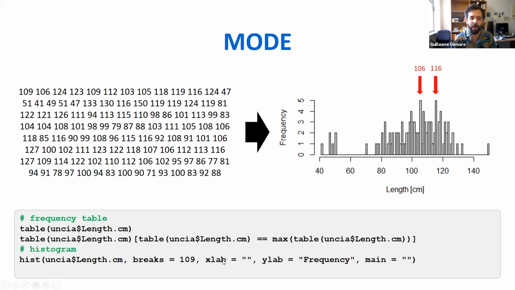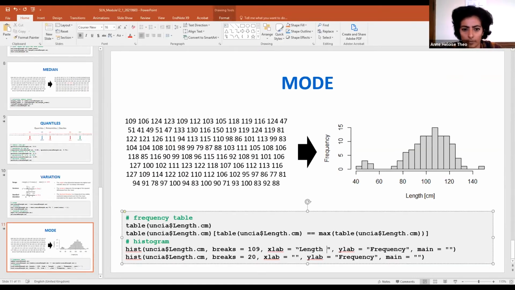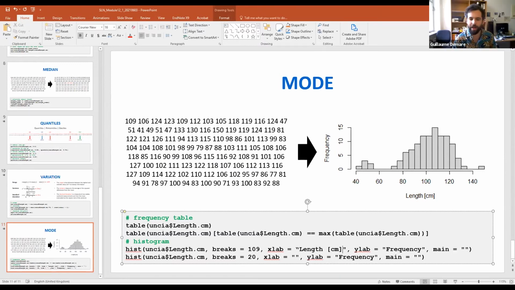I just didn't want a label for my x-axis. Oh no, sorry, I do have a label for the x-axis. Sorry, this is old code. So you're not confused, it should actually be like this: length, centimeters. So I'm specifying the length.